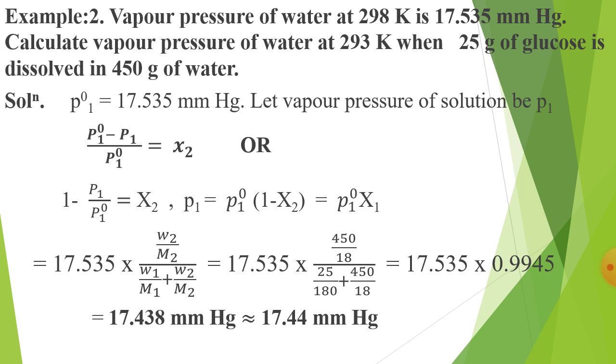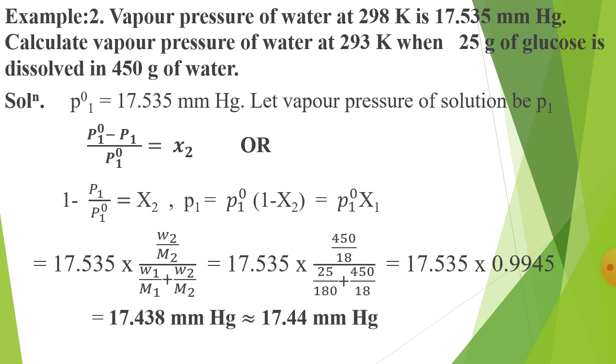So here 450 divided by 18. Some mistake is there: W1 divided by M1, that means the number of moles of solvent, divided by the number of moles of solute plus solvent. So 450 divided by 18, then divided by 25 by 180, the molar mass of glucose, plus 450, the mass of water, divided by 18 gram per mole, the molar mass of water.